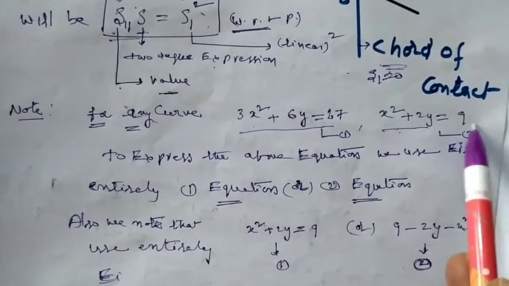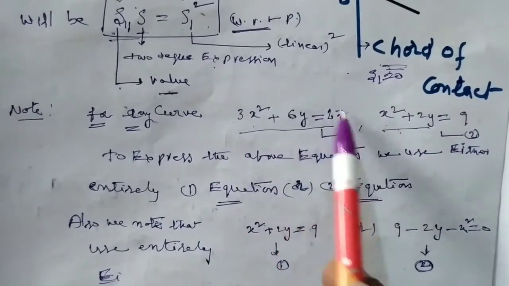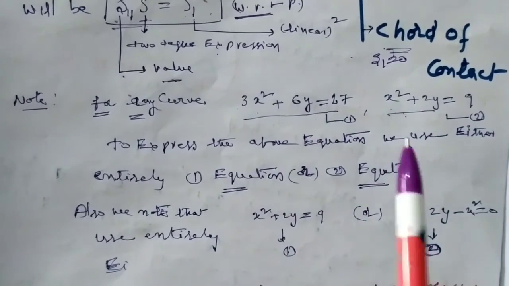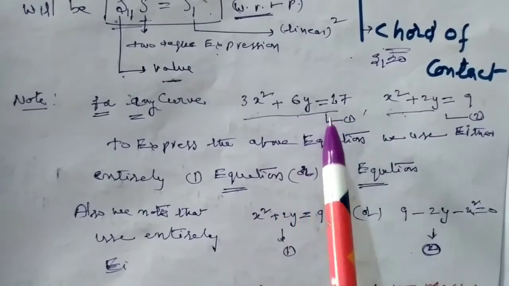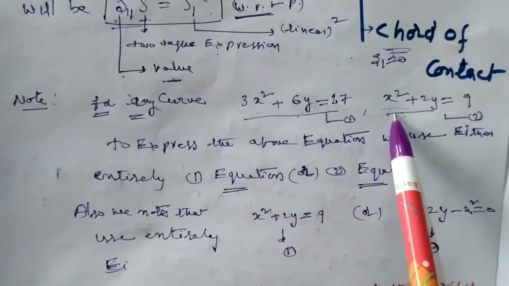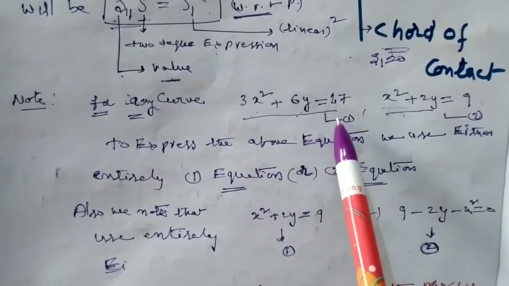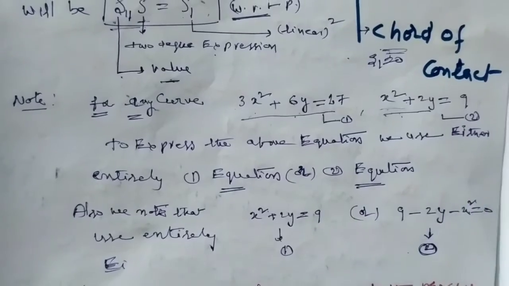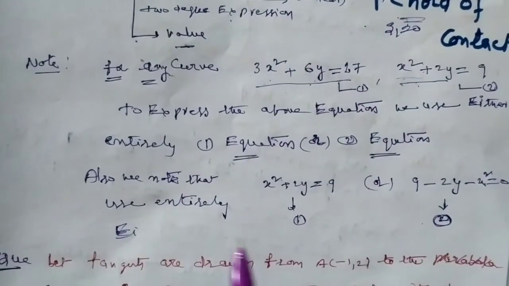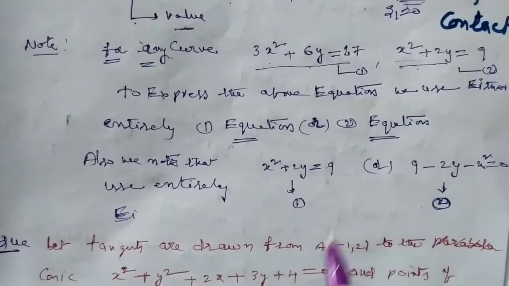By taking common 3 we will get this equation. Not one time 3x square plus 6y minus 27 is equal to 0, and another time x square plus 2y is equal to 9. Use either this one or that one for all the notations. Next point is, also we note that x square plus y square is equal to 9.